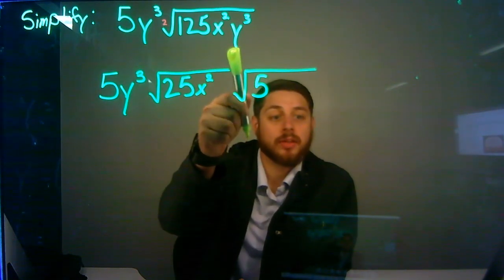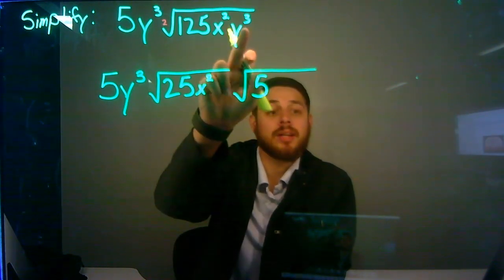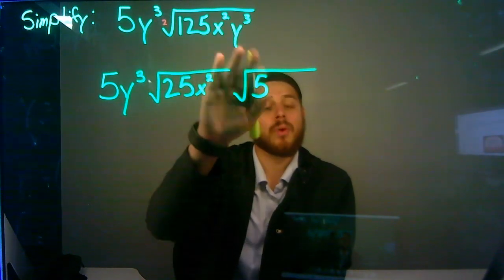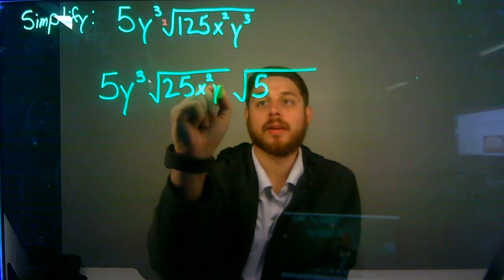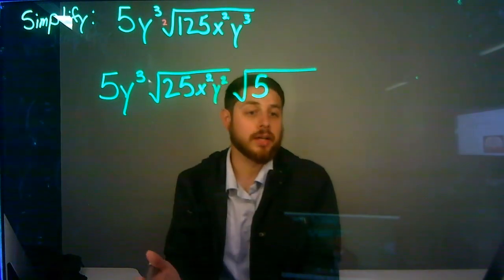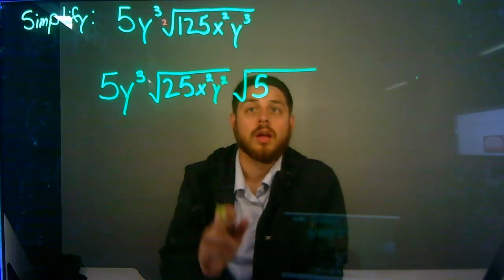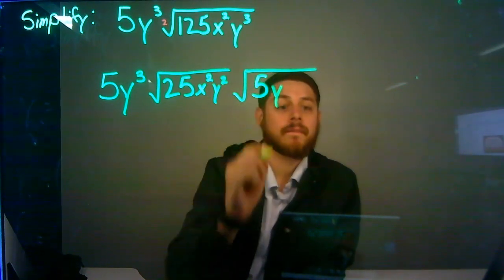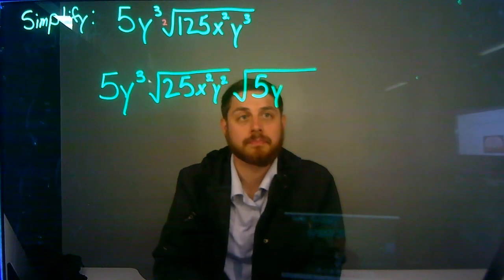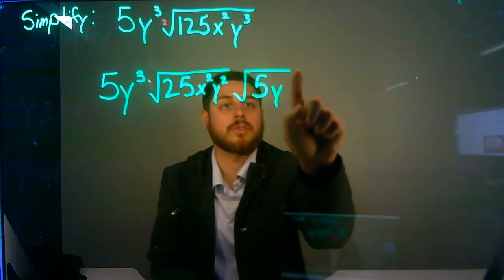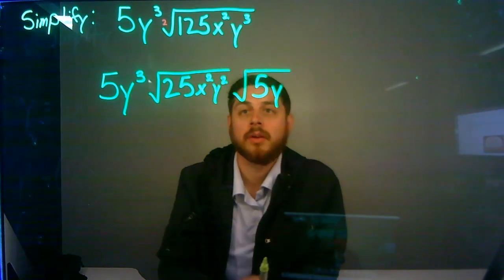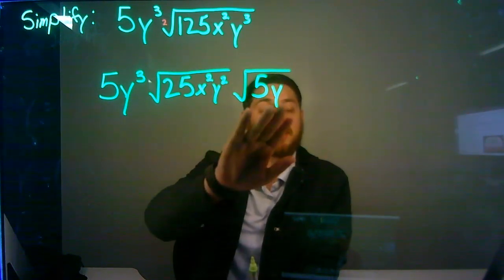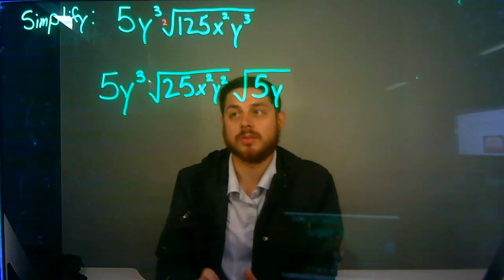Now, when it comes to y to the third here, 3 is not a multiple of 2, which means I need to take one y away from it and make it y squared, because 2, again, is a multiple of 2. That means I have one y left over, and that's why it comes over here. So now I have all this extra space, and I'll cut off my root symbol there. So now this is perfect squares, which we can simplify here in a second, and this is our non-perfect squares.